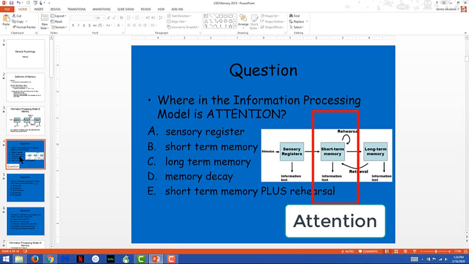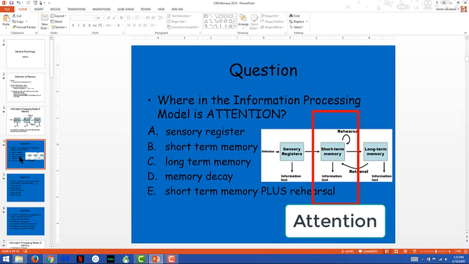That whole center section of the information processing model essentially constitutes what you generally refer to as attention today. And it's very important as a psychology student to recognize that, because the study of attention itself still has a lot of information that involves factors that affect attention and how it operates.